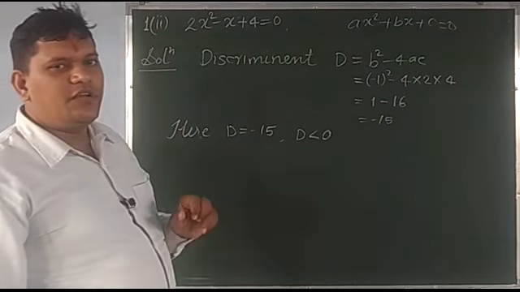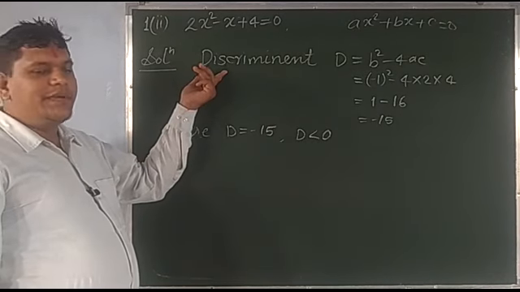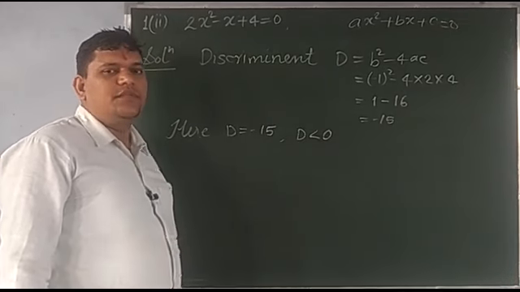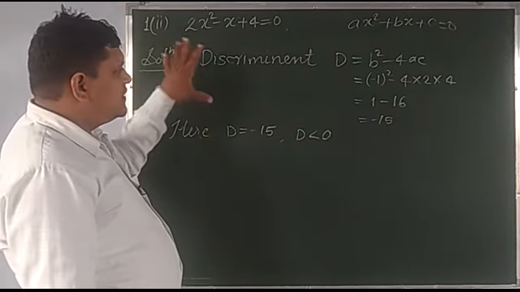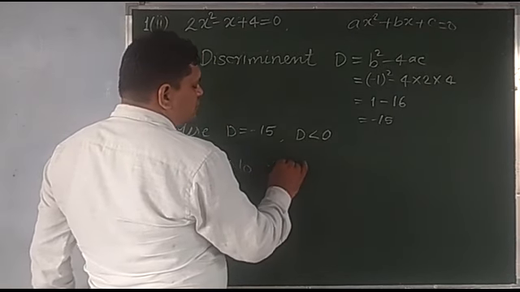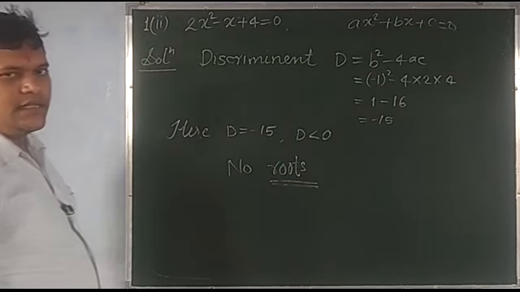As I have told you in the previous video when we discussed the discriminant, when d is less than 0, no solution will be found. It means this equation has no roots. Is it clear?